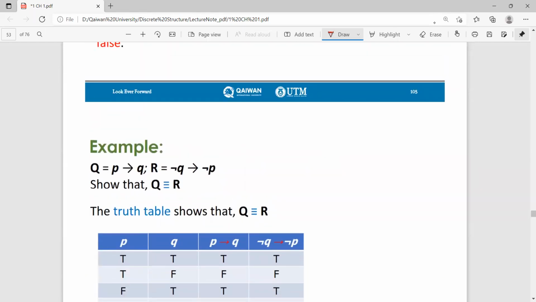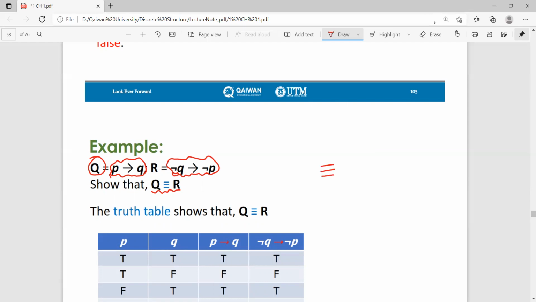we have Q, capital Q, which is P then Q. This represents Q. And negation Q then negation P represents R. It says show that Q and R are equivalent. Look, for equivalent, we just write down three lines.